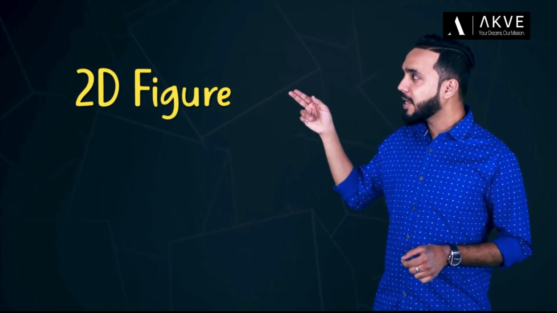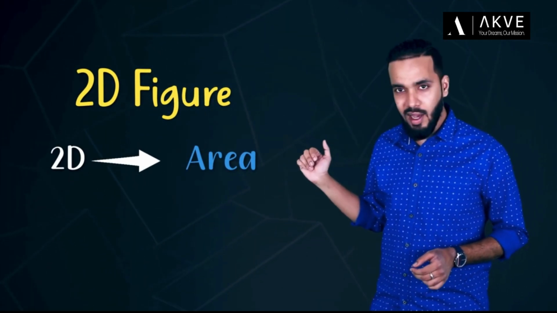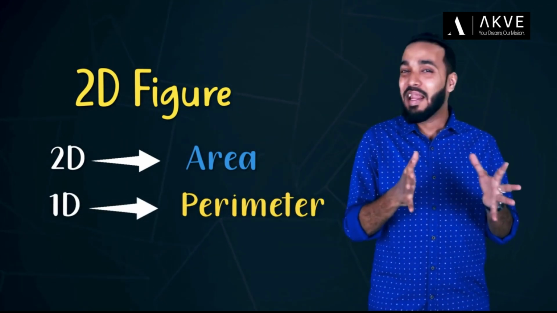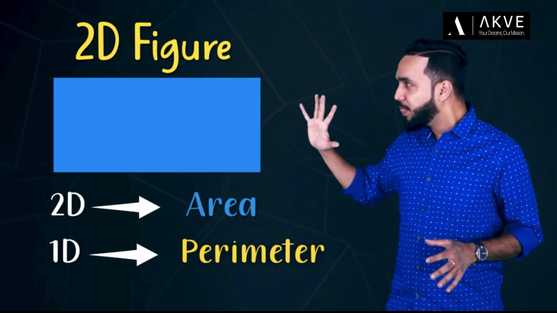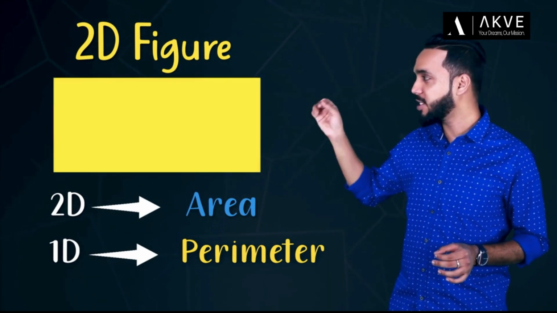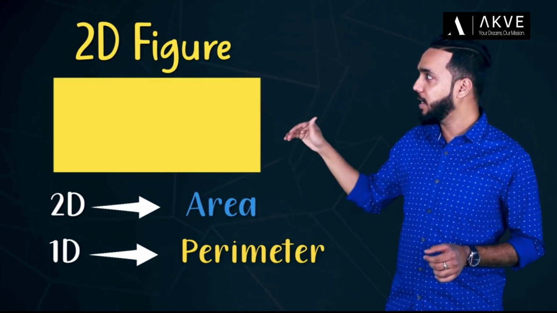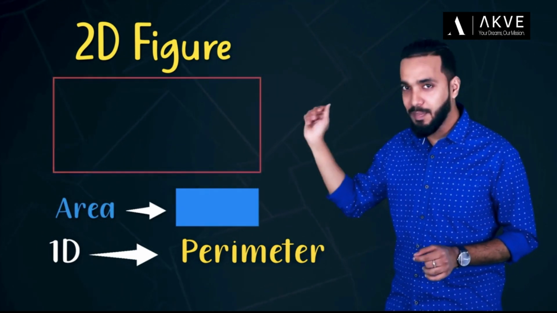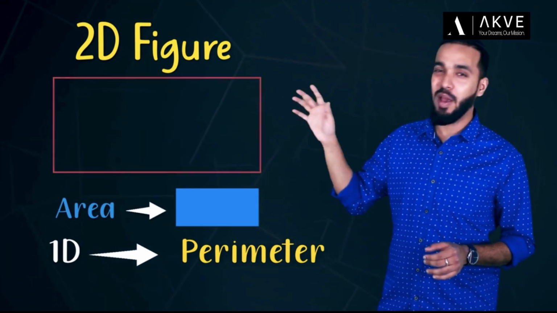Now, we have studied in our previous classes that every 2D figure has a quantity called area and a quantity called perimeter, right? Like for this rectangle. This 2D space or region covered by the rectangle is its area, and this 1D outer boundary is its perimeter.